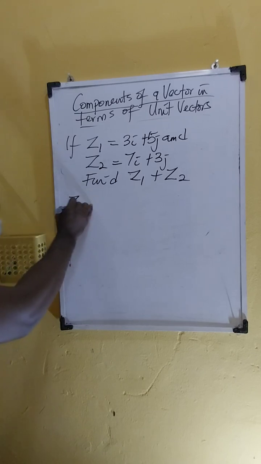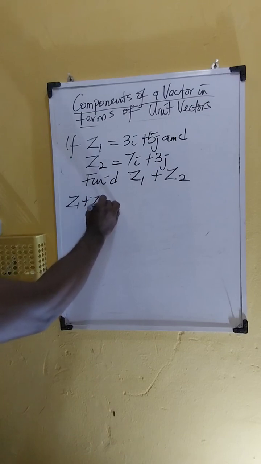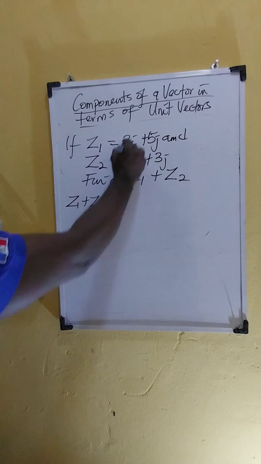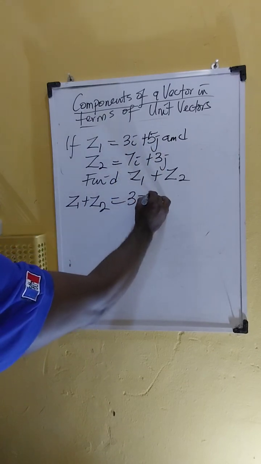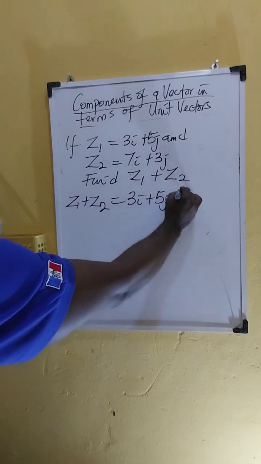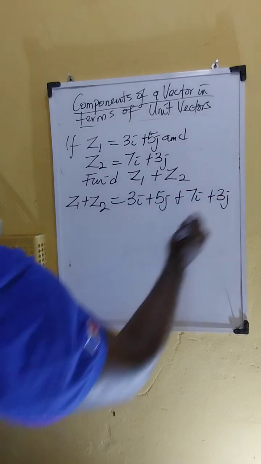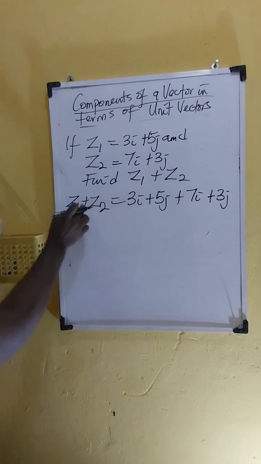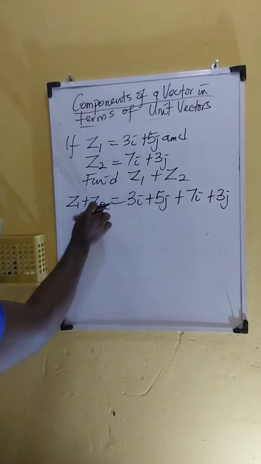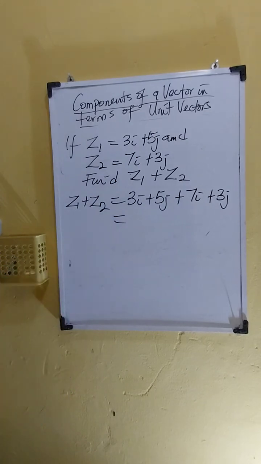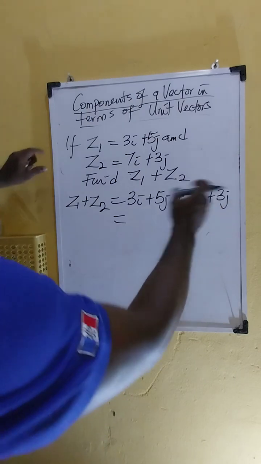So to solve this particular equation, this is what you are told to do. Z1 plus Z2 is actually equal to 3i plus 5j plus 7i plus 3j. You bring them together because this is Z1 and the other part is Z2. What you are going to do is collect the like terms.